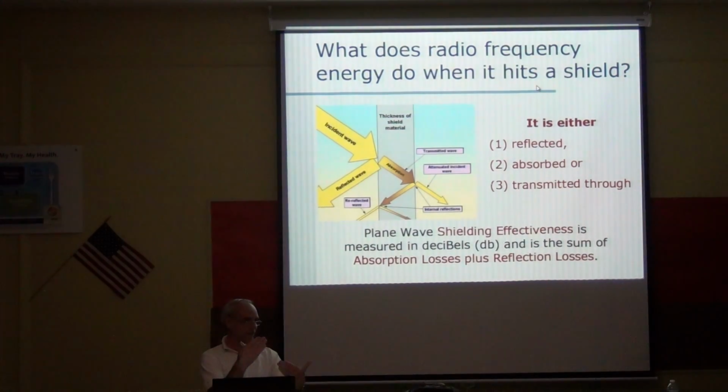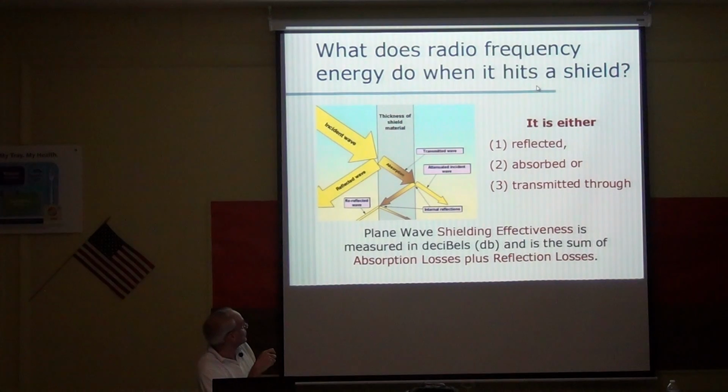So what happens when you get a mismatch of impedances? You get a reflection. When you're designing a transceiver, transmission line or antenna, you always design to have all those impedances match as perfectly as possible so that you get as much power delivered to your antenna. When you're making a shield, you want the worst possible impedance mismatch in the world so that you actually get a reflected wave.